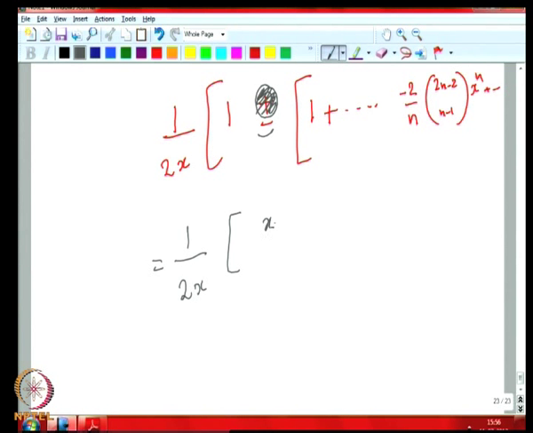So, here x coefficient you have to put minus 2 by 1 into 2 into n minus 2, that means when I put 1 here 2 minus 2 will become 0 and 1 minus 1 will become 0, choose 0 is 1, that will be x, and so on, right, till this term will come. Minus of minus will become positive, so that will all become positive terms now, 2 by n into 2n minus 2 choose n minus 1 x raised to n, and so on.